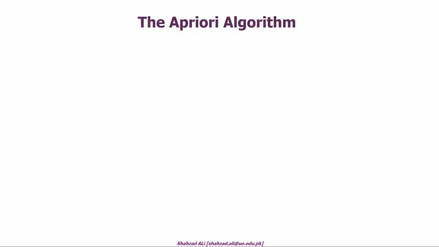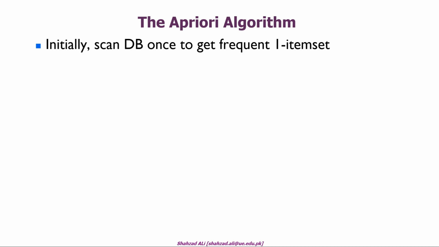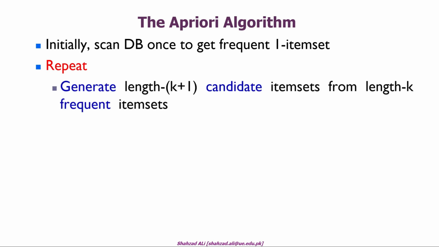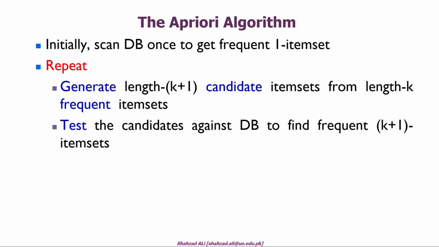So the Apriori algorithm works as follows. Initially, you scan the database once to get the frequent one-itemsets. Then, taking these frequent one-itemsets, you generate length-2 candidate itemsets, and at the kth iteration you take the length-k frequent itemsets to generate length k+1 candidate itemsets.